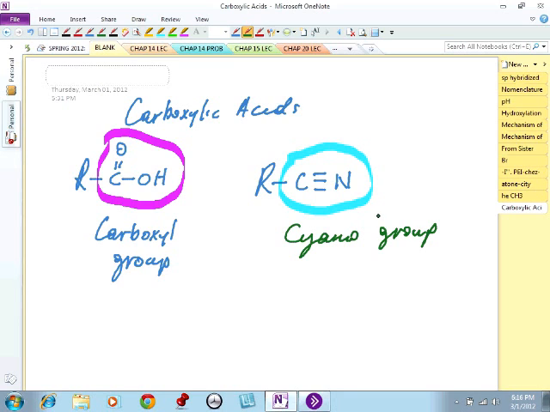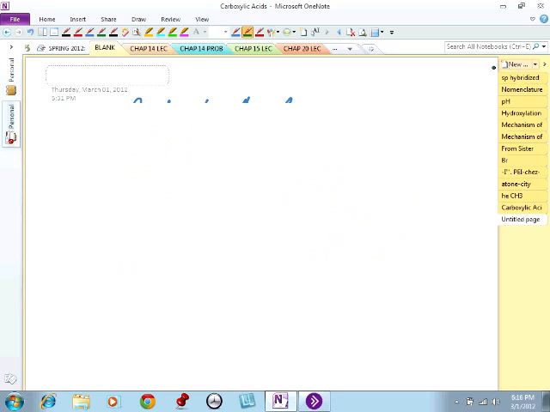But before we go to the nomenclature of these classes of compounds, what I want us to do today is to begin to take a look at the importance of these classes of compounds. And to do that, I want you to take a look at this molecule here.